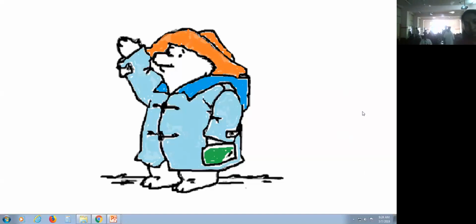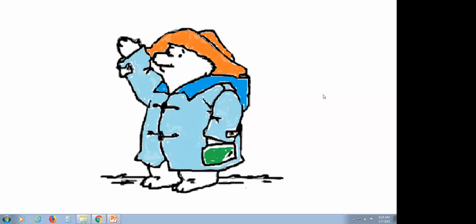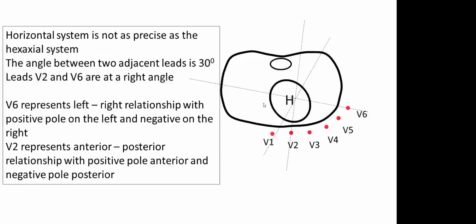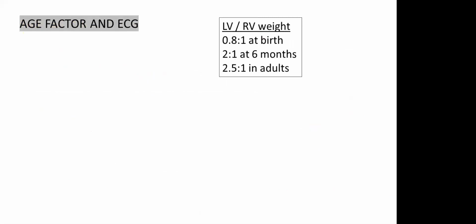Can you please explain the rotation once more? Rotation once more. Okay.